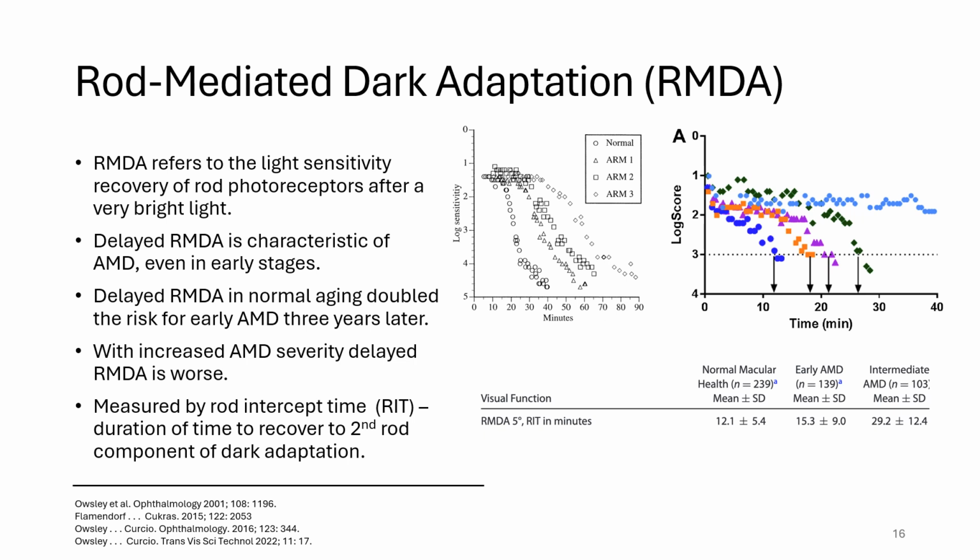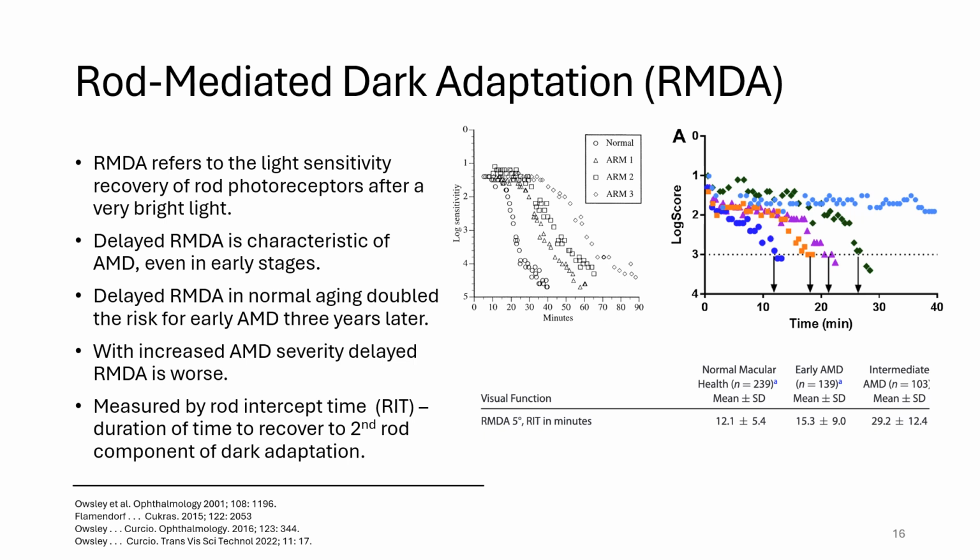Kokkinakis's work, displayed on the right, showed that dark adaptation delays become longer with increasing disease severity. Delayed dark adaptation can be measured with a measure called the rod intercept time, which is the duration of time to recover to the second component of rod-mediated dark adaptation.